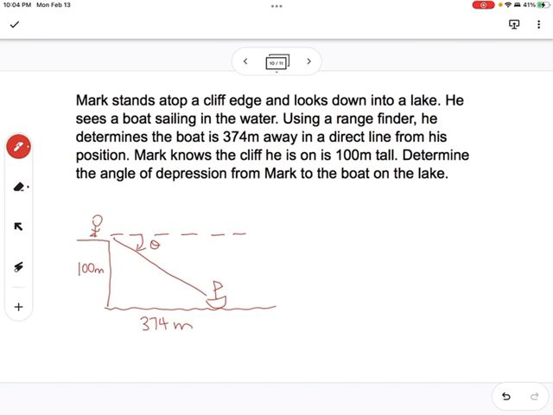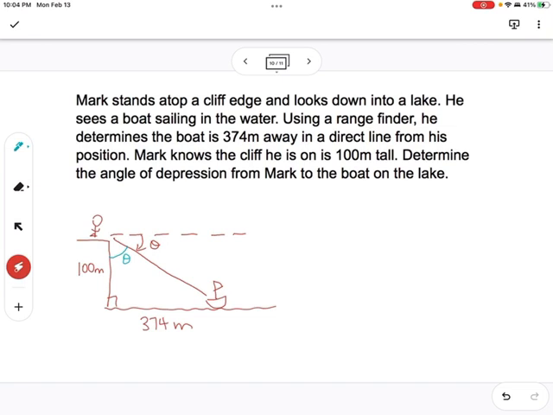Okay, so using this here, there's a couple of steps we need to take. So we notice that we have our triangle here. First, we would want to find this angle of the triangle here. We can then use that angle to find the angle of depression.